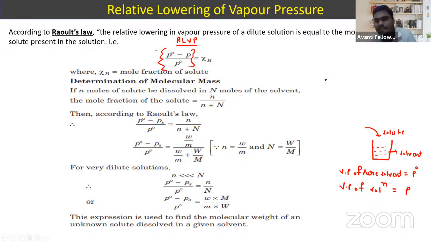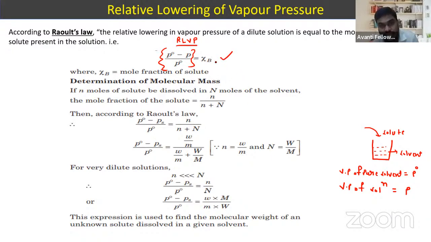So the vapor pressure of the pure solvent is P naught, and the vapor pressure of the solution is P. After adding solute, the vapor pressure becomes P. So (P naught minus P) upon P naught is equal to XB.